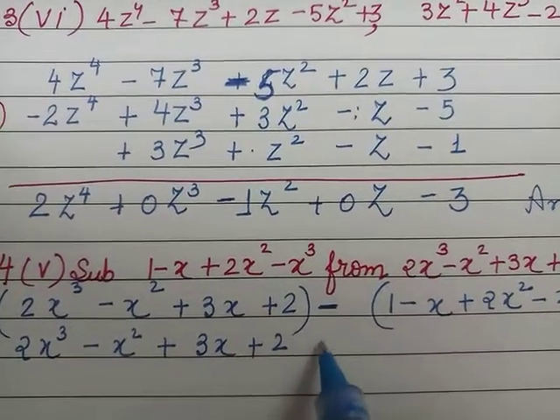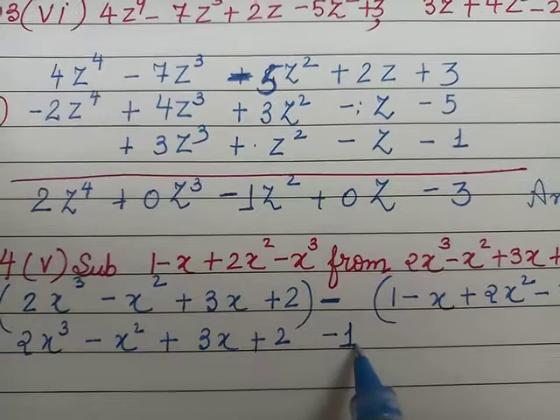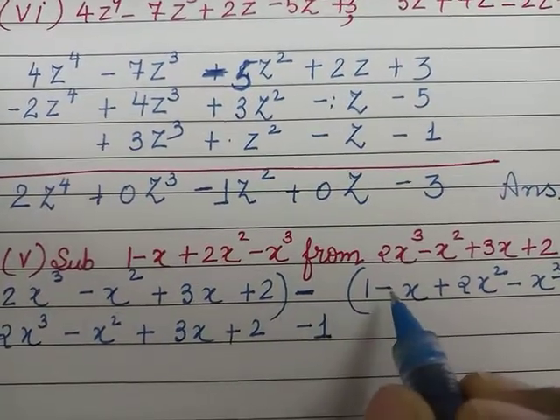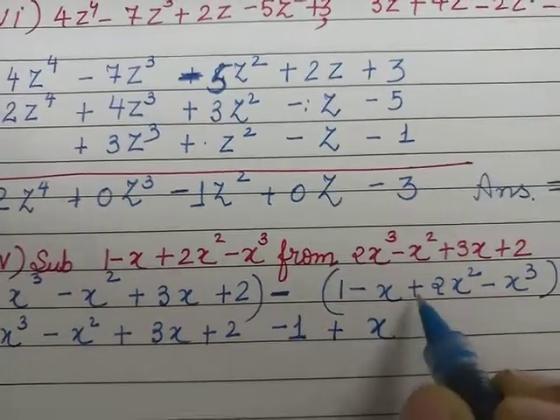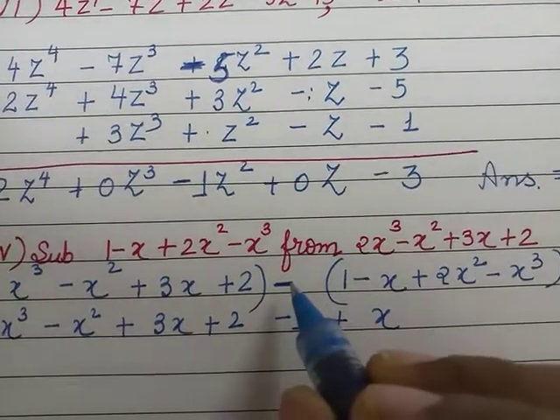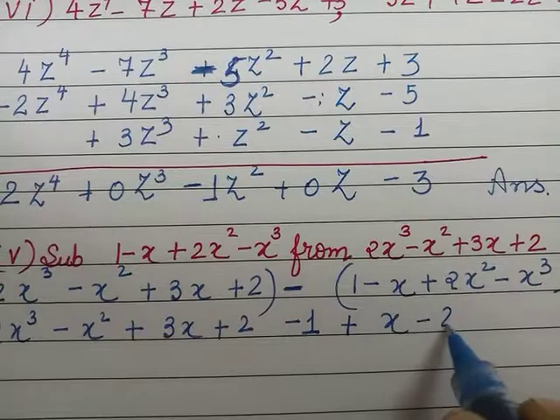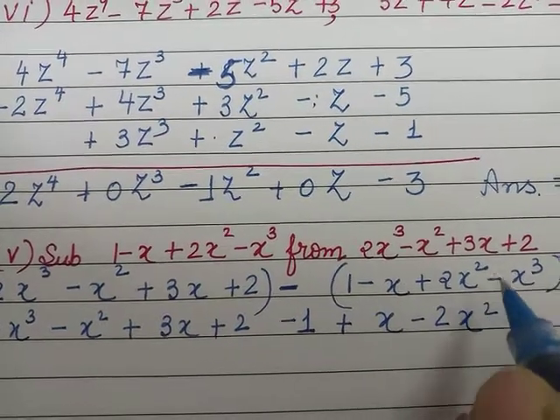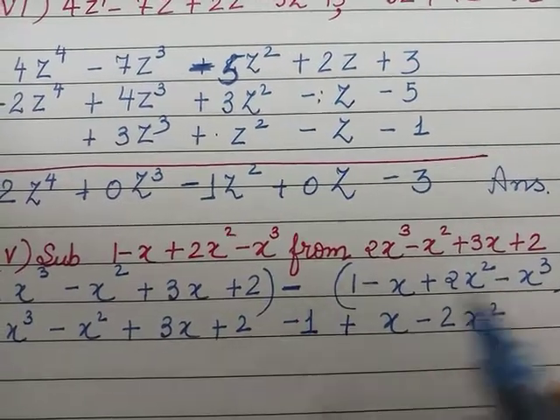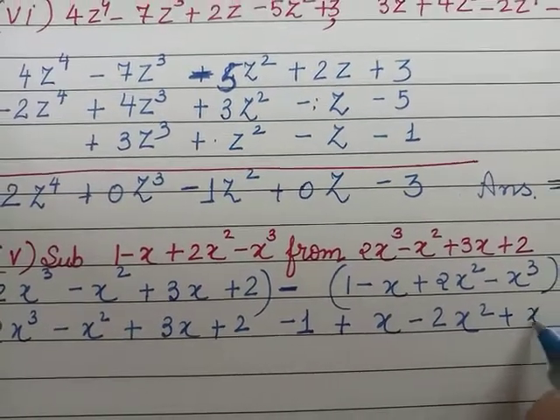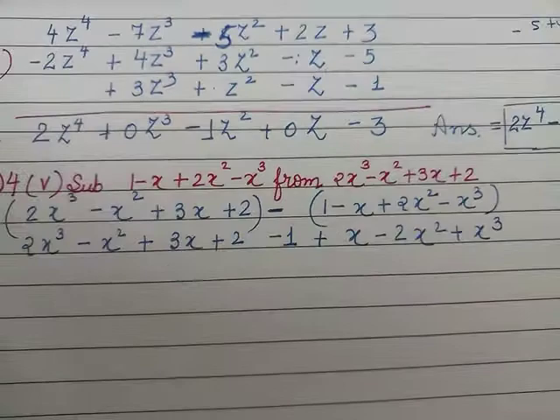Minus and plus will give you minus 1. This minus and this minus will become plus x. This minus and this plus will become minus 2x square. This minus and this minus will become plus x cube.